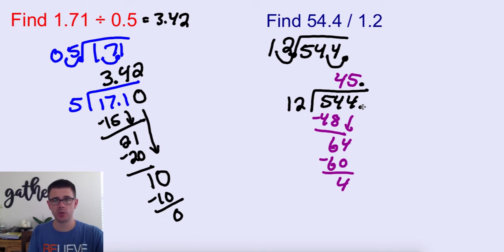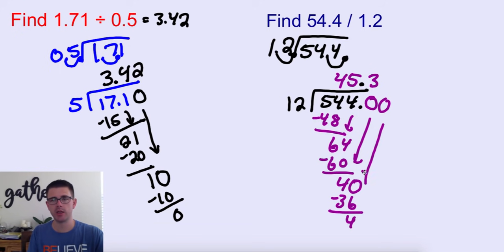I'm not done, so as long as I'm after that decimal point, I can add a 0 and bring it down. 12 goes into 40 3 times, which is 36. Subtract, I get a 4, still not done, so I'm going to add a 0 and bring it down.